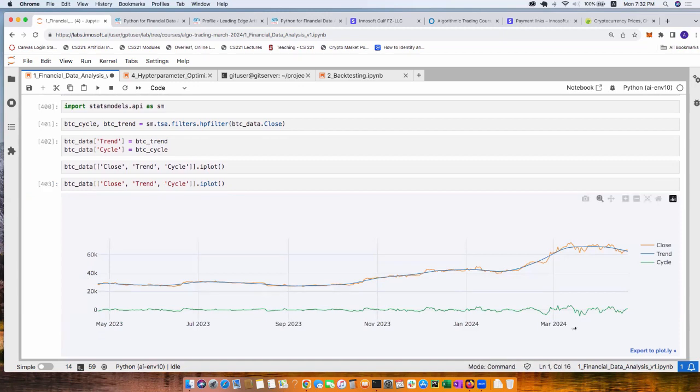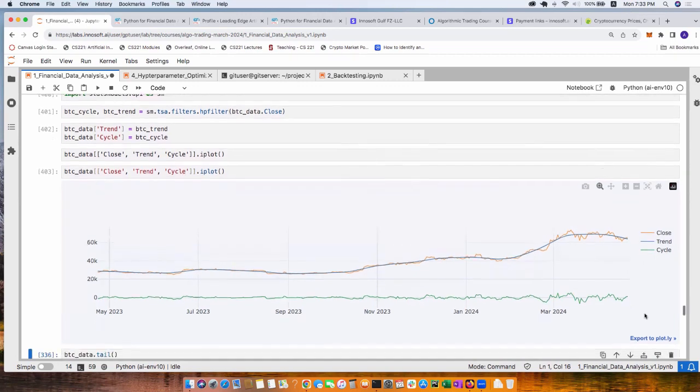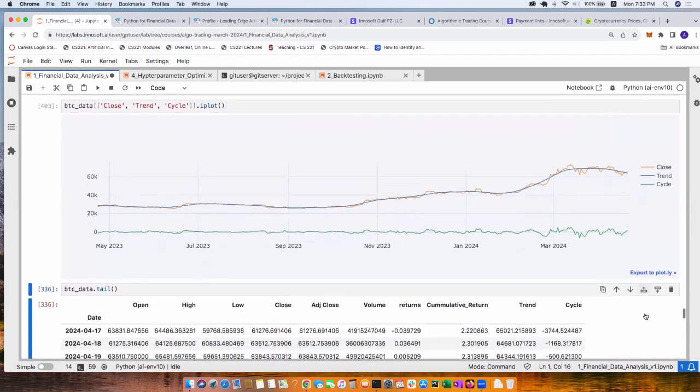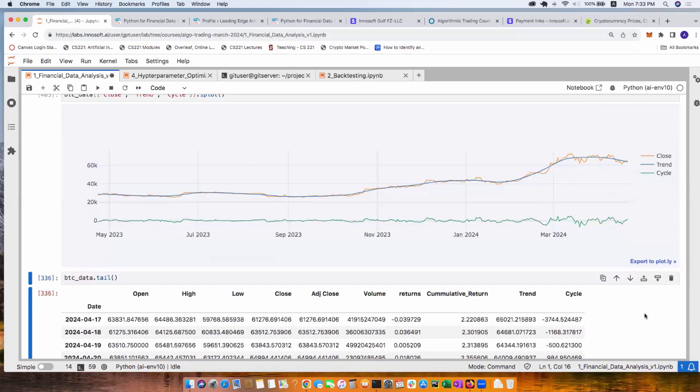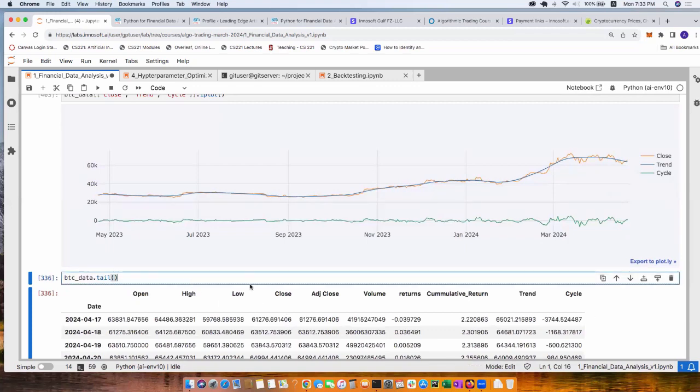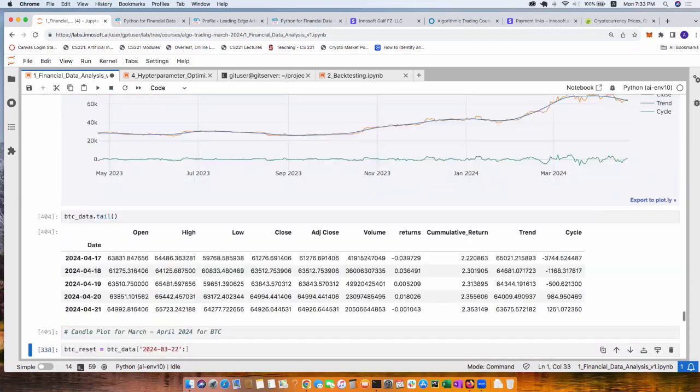So you can see here the yellow line, that's the actual price, and the blue one, that's the trend, and then the green one here, that's the cyclical part of it. This is something you might be interested in if you are getting into some heavy pricing analysis, but that's something to just keep in mind.